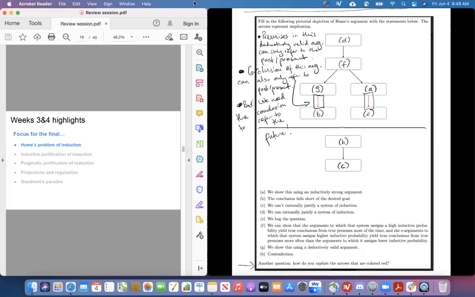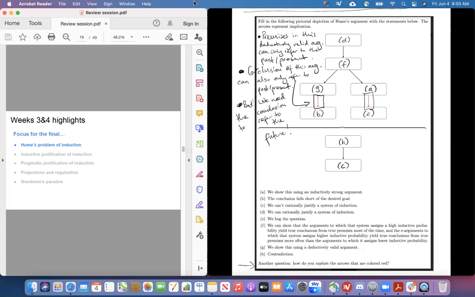Because we want to be able to say all arguments, past, present, and future, that scientific inductive logic assigns a high inductive probability to, give us true conclusions from true premises most of the time. That's what we need from the conclusion. So that's why it falls short of the goal.